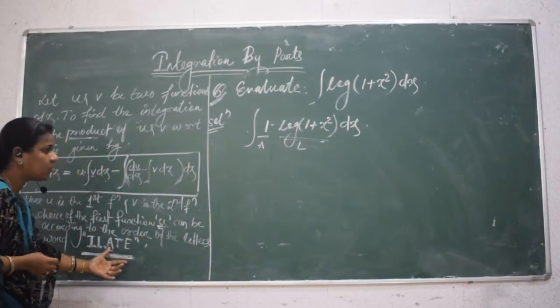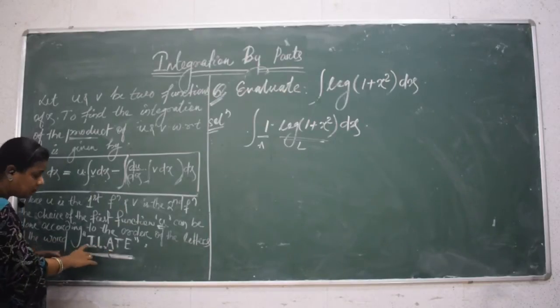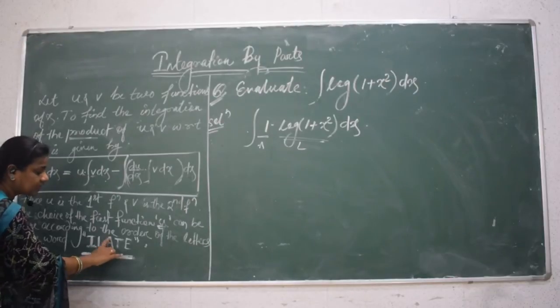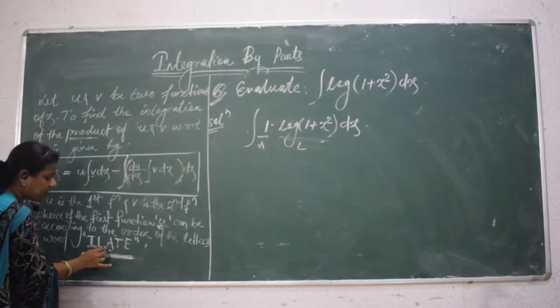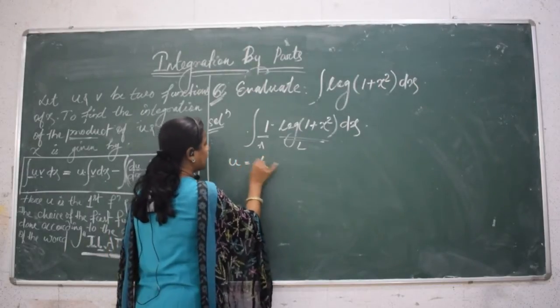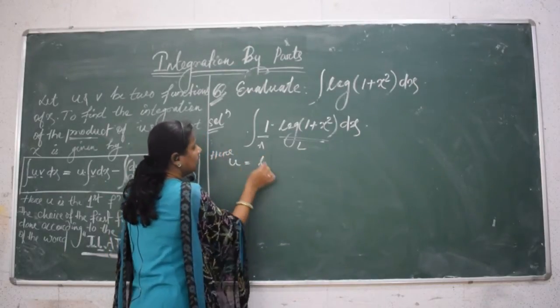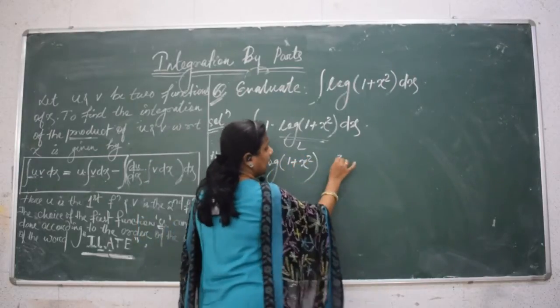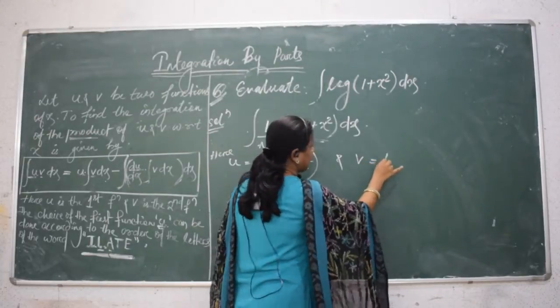According to ILATE, L comes first, then A, so you have to take L as u. So u equals log of 1 plus x square and v equals 1.